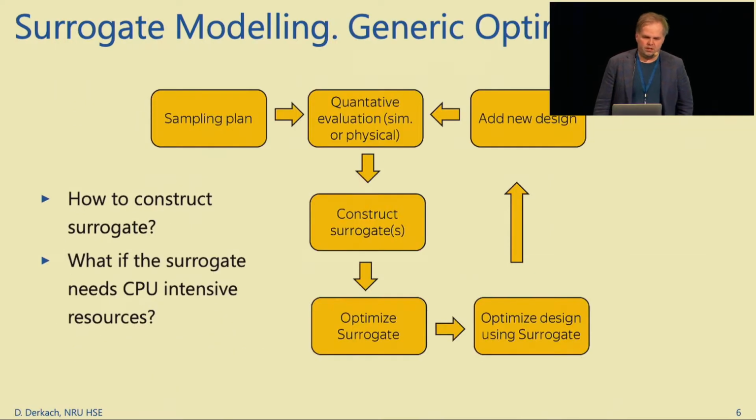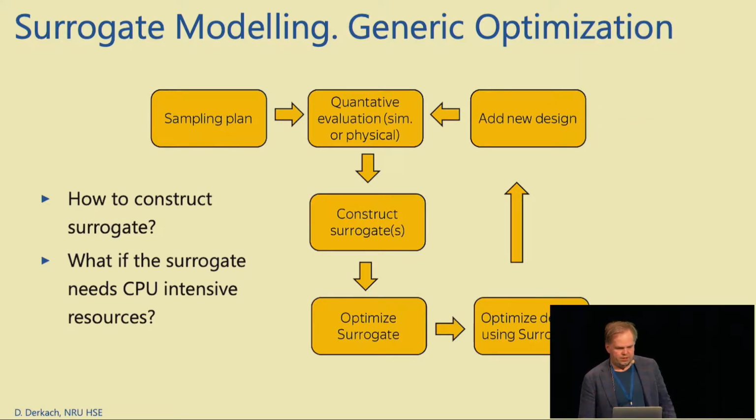So the question that should arise is what we do when we perform this kind of surrogate modeling. We need to create an initial sampling plan, which can be, I don't know, Latin cubes or anything, and then we start from the evaluation of the results of our performance.